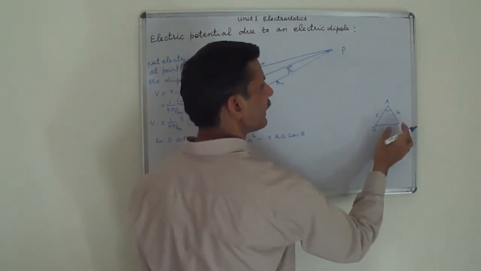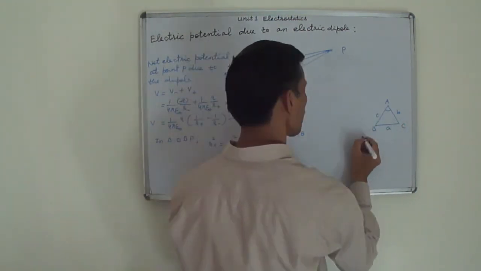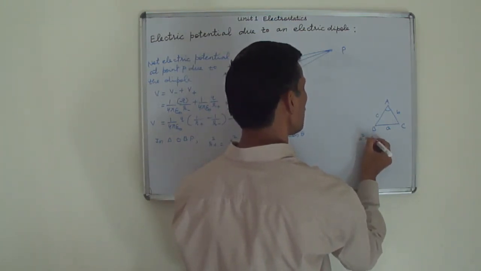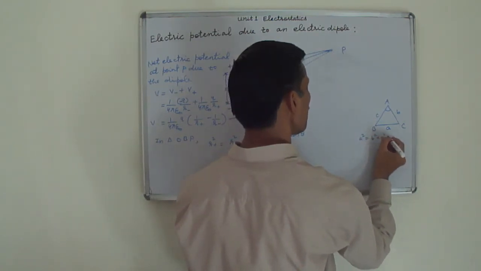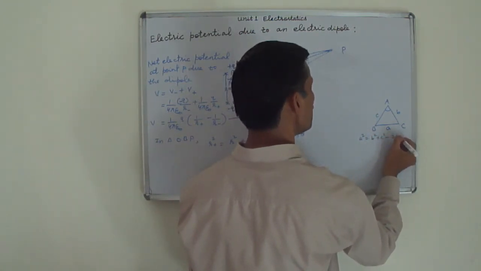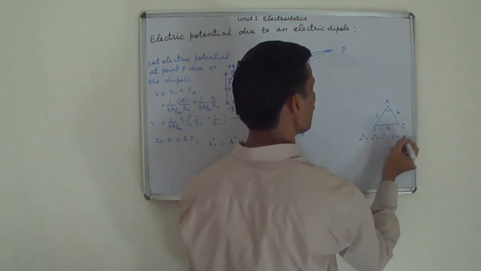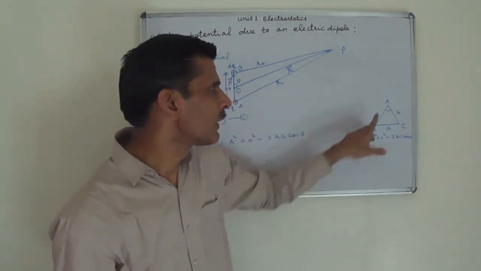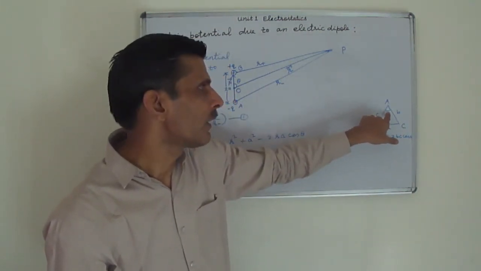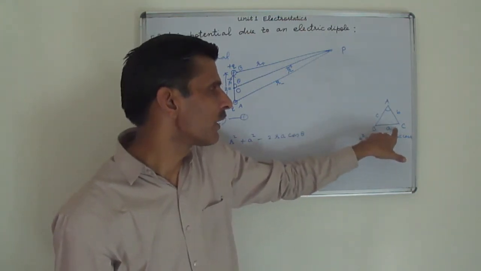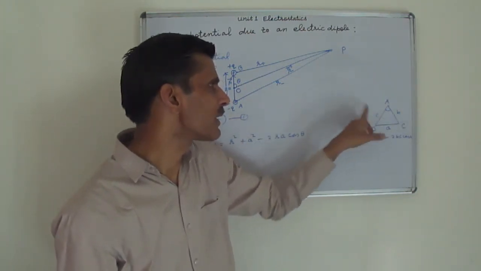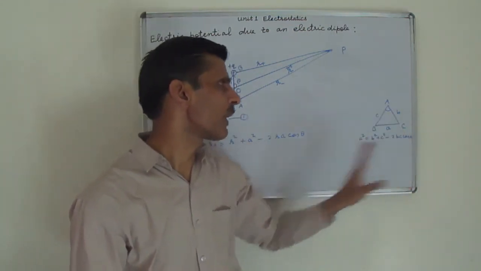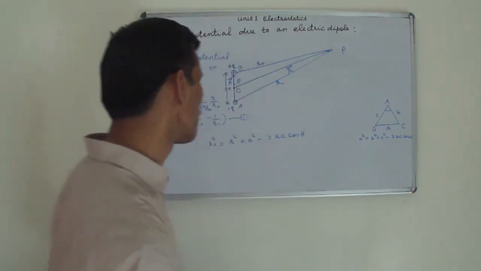So you know the relation a square is equal to b square plus c square minus 2bc cos A. If there is a triangle ABC, this angle is A, and opposite to this angle the side is a and the other sides are b and c, then you have this relation a square is equal to b square plus c square minus 2bc cos A.